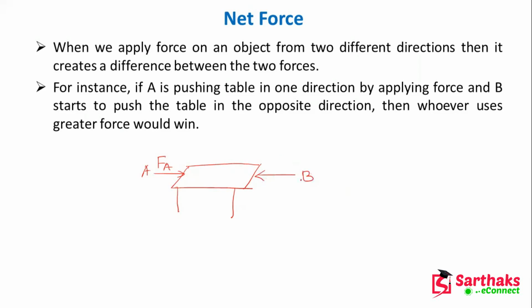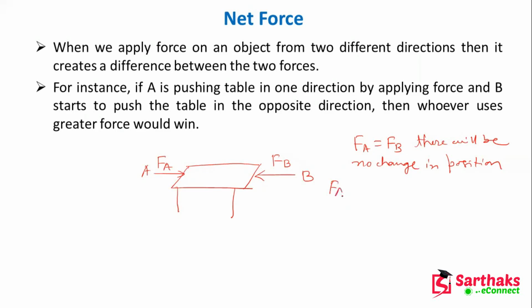B does not want to change the position of the table, right? So he is applying FB. Now, if FA equals FB, at that time there will be no change in position.